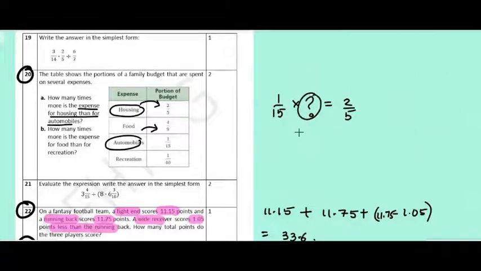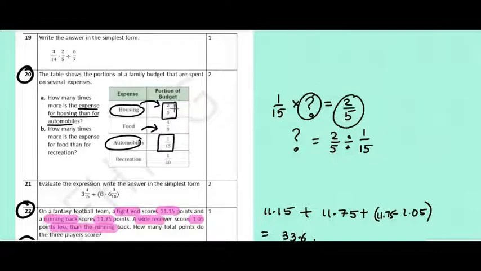So multiplying by what factor can we get the result of the fraction of housing? That is our question. So here, in order to find out, we have to use inverse relation, that is divide. So 2/5 is what we have to find as a fraction, and 1/15 is the smaller part.